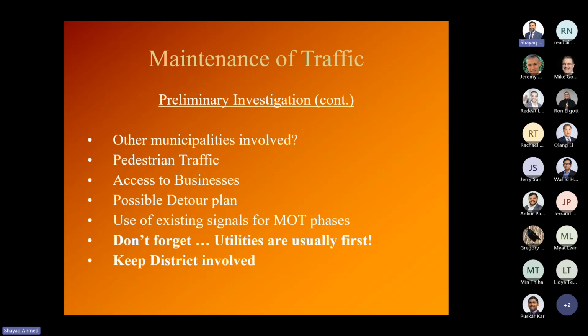If there is no possibility of shifting the traffic, and we have to close the roadway, detour plans have to be developed. And use of signals for MOT phases. Most of the time, if it's a bridge project or any project that has to be replaced, and it's a single lane operation with less visibility of what's happening on the other side, portable signals are installed, which can control the traffic.